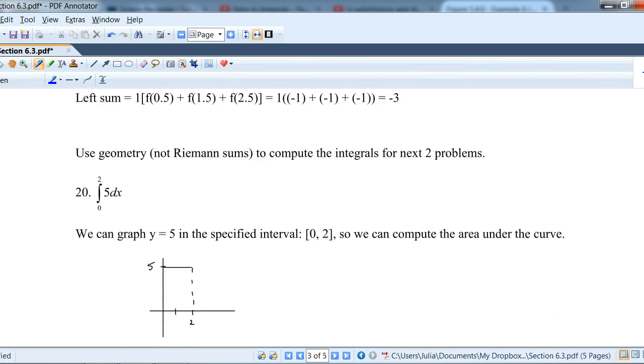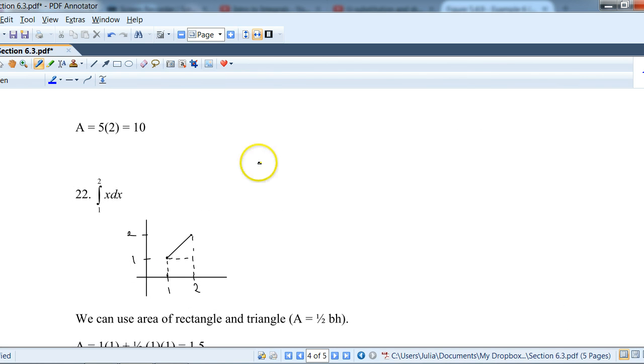And it looks like a geometric graph that we know: 5 is a horizontal line and extending down to 2, notice it looks like a rectangle. We know the area of a rectangle is length times width, which is 5 times 2, which is 10. And that's the answer to the integral.